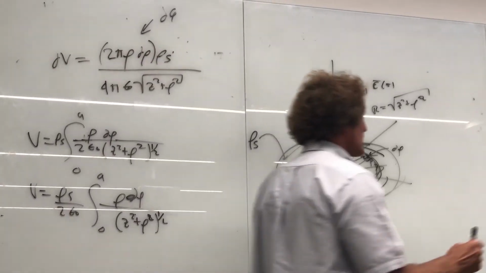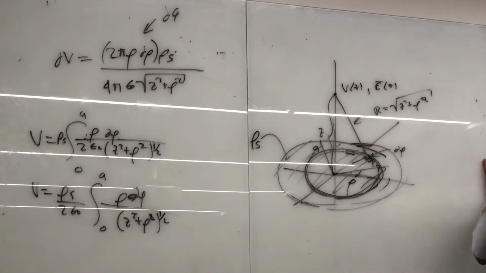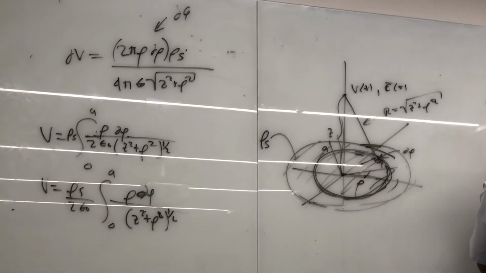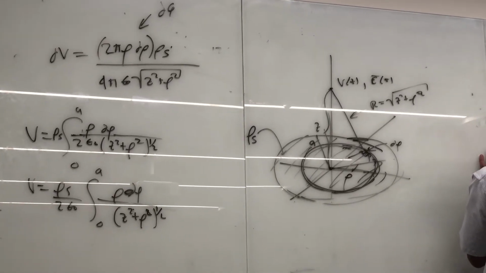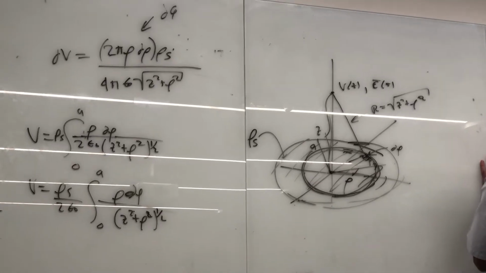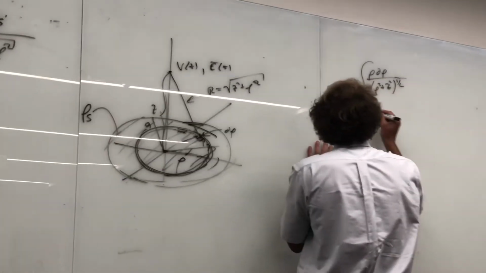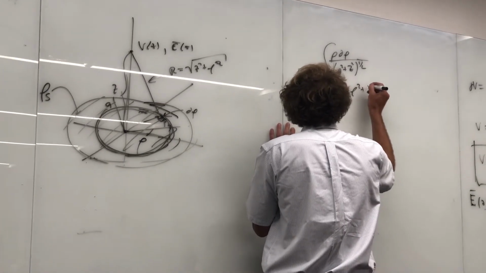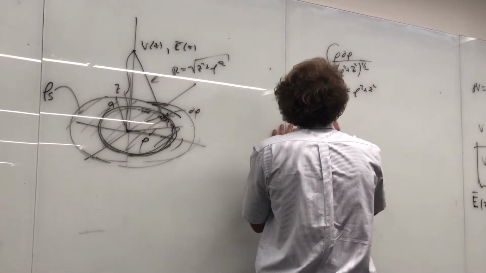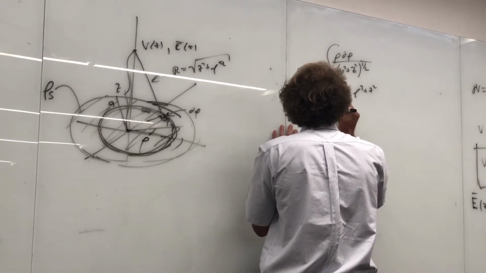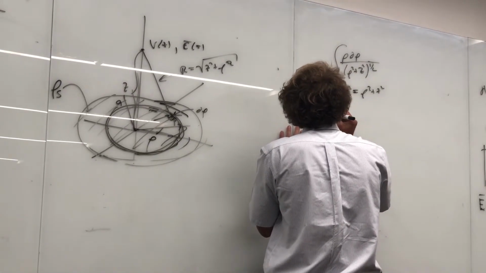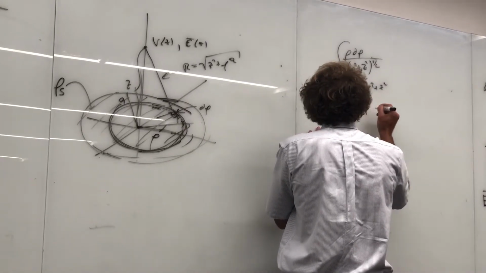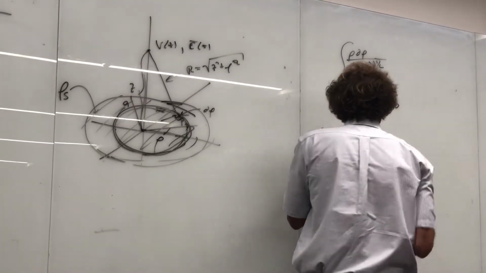So I'll do that integral here. If I have the integration of rho d rho over rho squared plus z squared to the 1/2 power, now I can make u squared equal to just rho squared plus z squared, right? And then, since it's d rho, 2u du is equal to 2 rho d rho plus 0, because we're doing a differential.